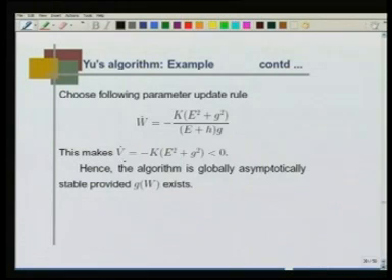This makes V dot equal to minus k E square plus G square, which is always negative definite. Hence the algorithm is globally asymptotically stable, provided G W exists. So, what I am trying to show is that there is at least a theoretical algorithm showing that we can reach the global minimum point.